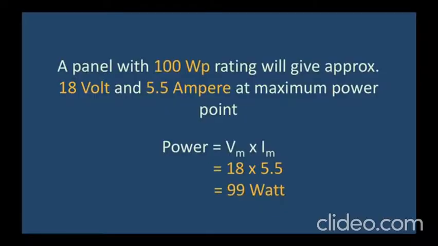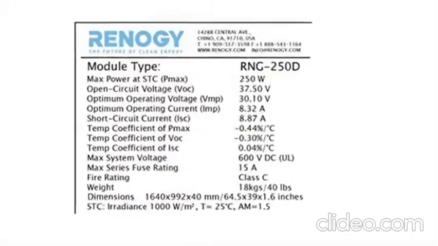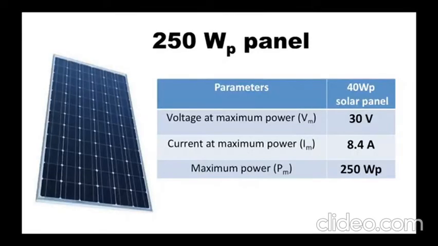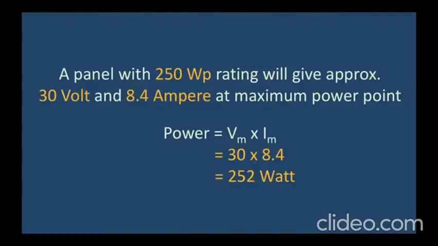You multiply these two and you get the 100 watt, and in a typical 250 watt panel, you get a voltage of around 30 volt and the current of around 8.4 ampere. Right, so you multiply the voltage VM rating and the current IM rating and you get the power. All these three specifications are mentioned at the back of the panel.